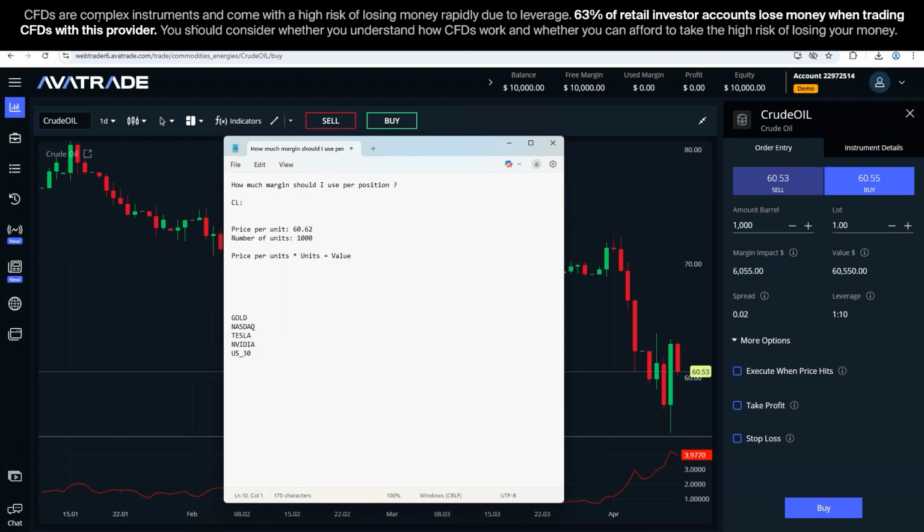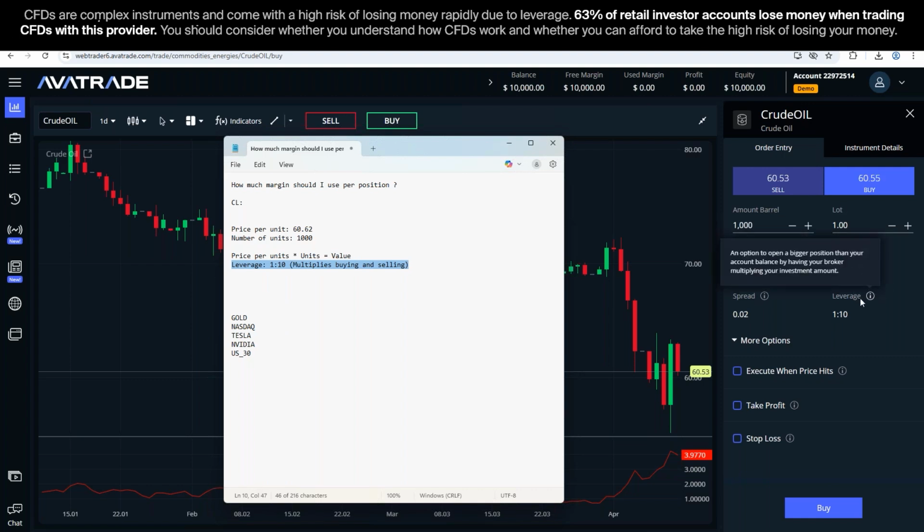And then we can divide the value by leverage. The leverage here is 1 to 10, and what it does is it multiplies buying and selling. Now we know that we are multiplied by 10 for crude oil.